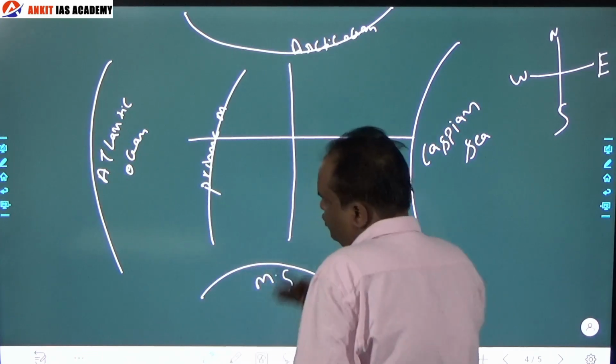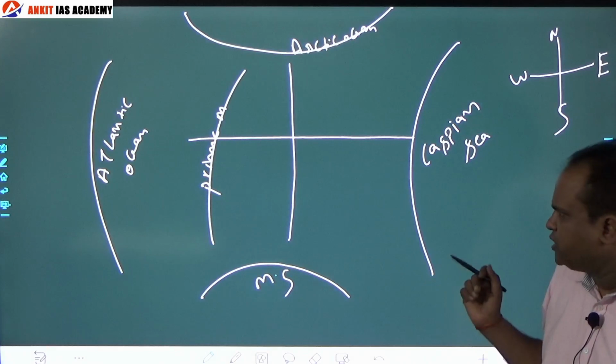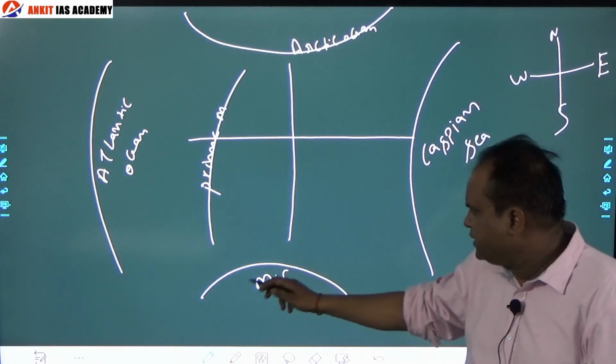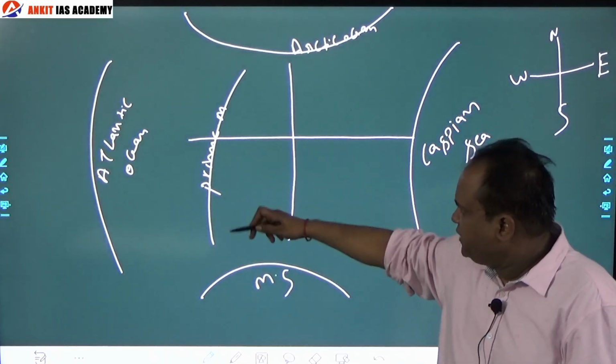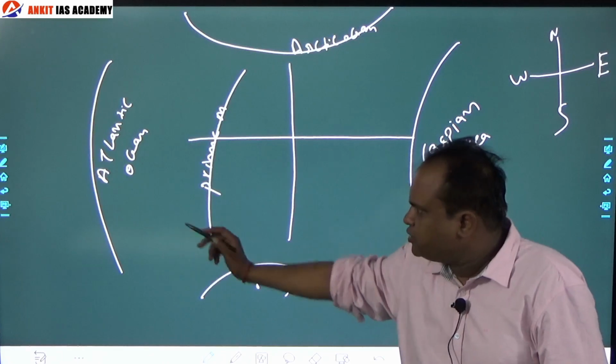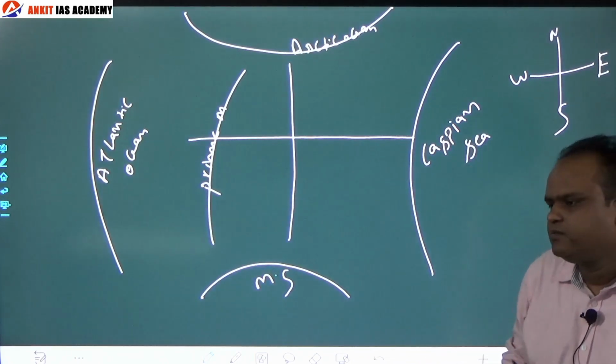So highlight all the locations on your atlas with your highlighter, all water bodies. This is the Caspian Sea. Here, this is the Mediterranean Sea. This is the prime meridian. This is the Arctic Ocean, and this is the Atlantic Ocean. Just highlight all 4 locations on your atlas.